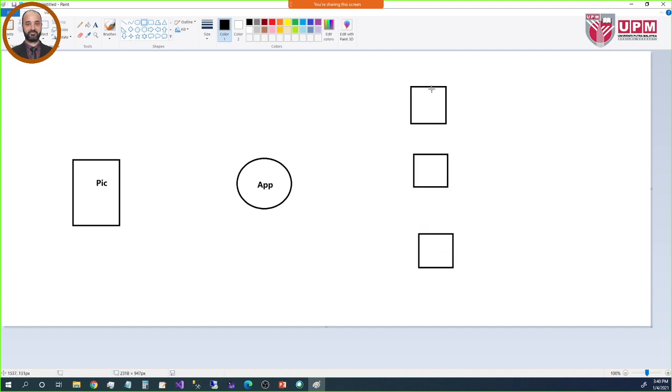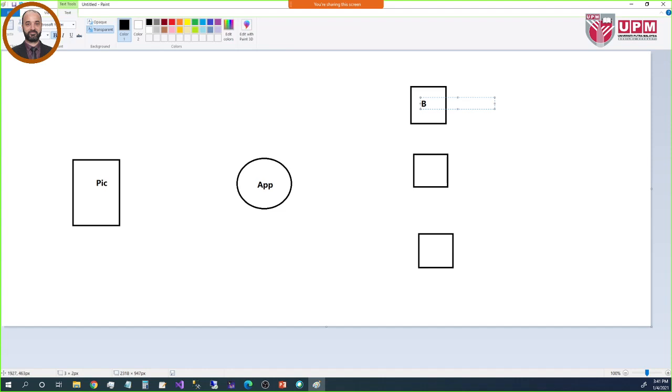So for example, a black and white or grayscale picture.